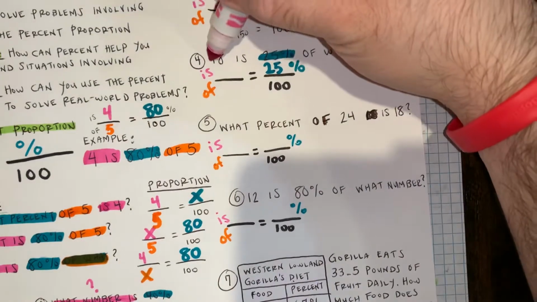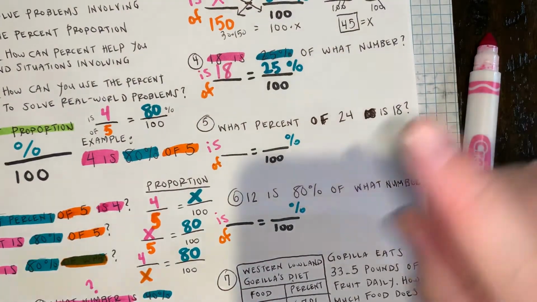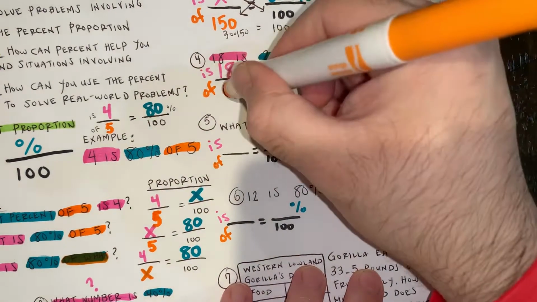So you can see that you have 18 is, and then you can see you have of what number. So that means that's what I'm missing.